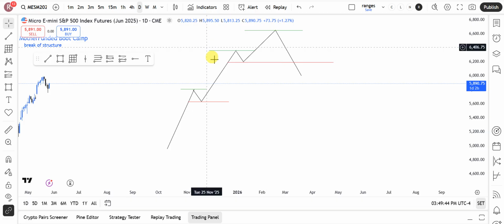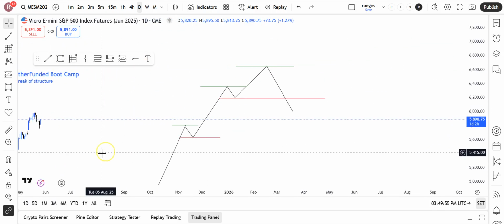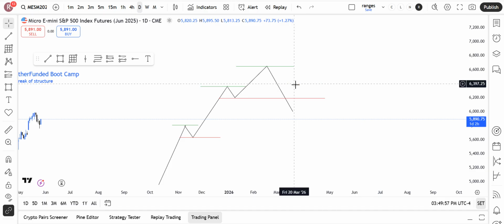Now what do we have? We have a break in structure. There are two ways to classify a break in structure: a break in just the current trend that we're in right now, and a break in the overall market structure. These two have very different impacts.